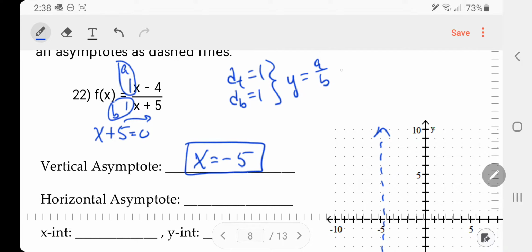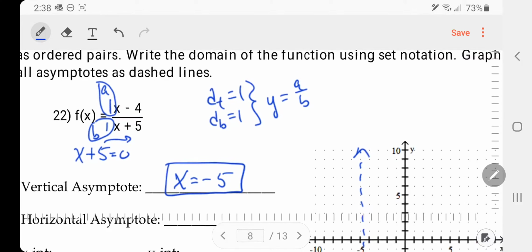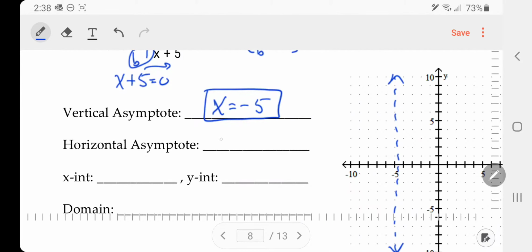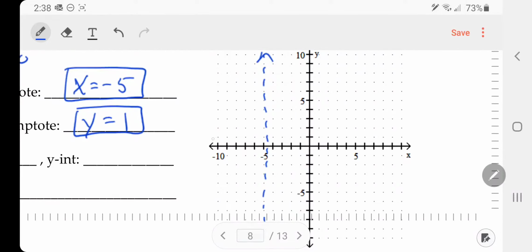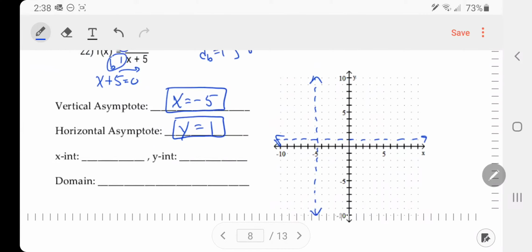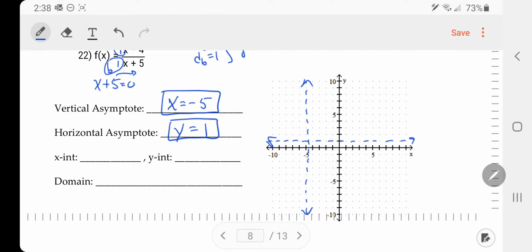So that's going to be y equals 1 over 1, which is 1. And so there's our horizontal asymptote. And let's go ahead and lay that down on the graph. Going across. Bam! Vertical and horizontal asymptotes are done.